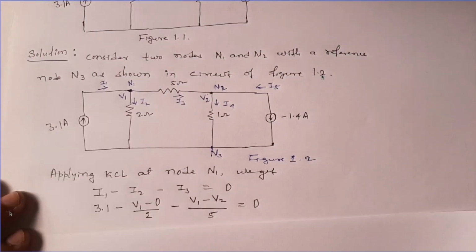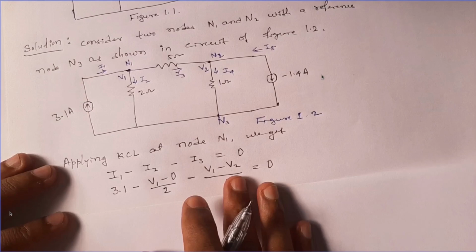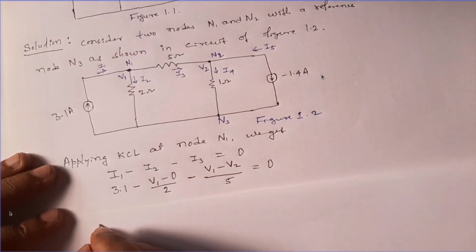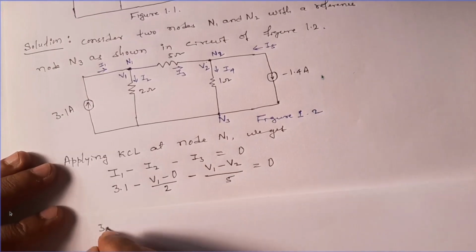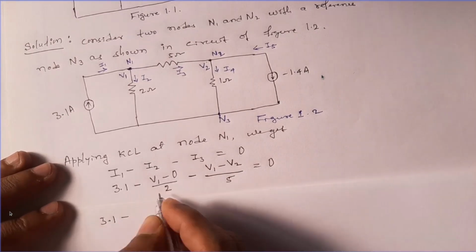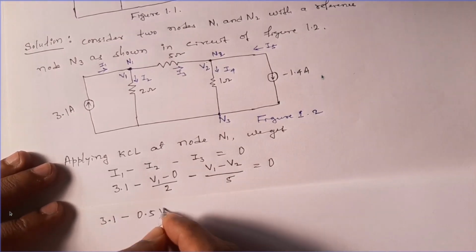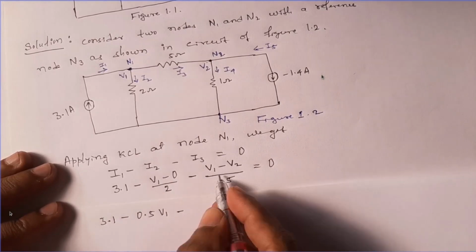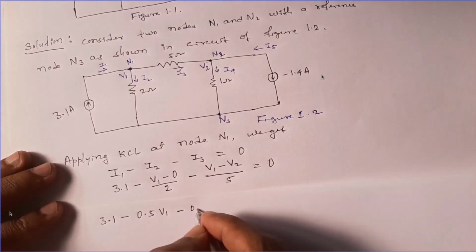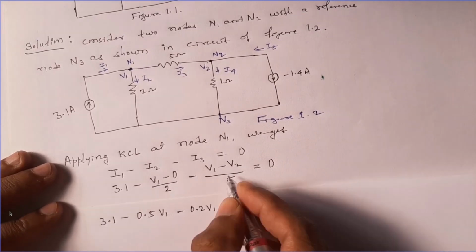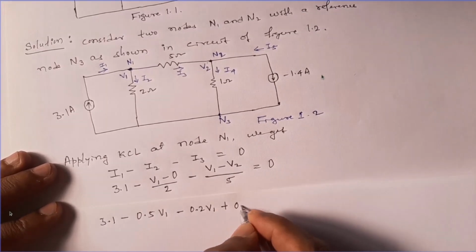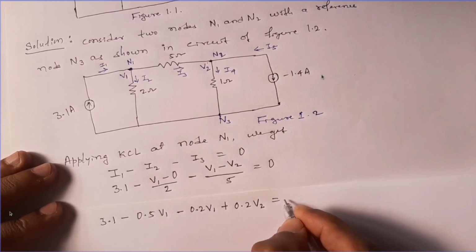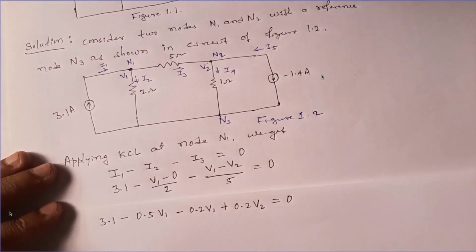Here this is 3.1 minus V1 by 2, which is 0.5 V1, right? And this is minus 1 by 5, which is 0.2 V1, minus into minus is plus 0.2 V2, is equal to 0, right?